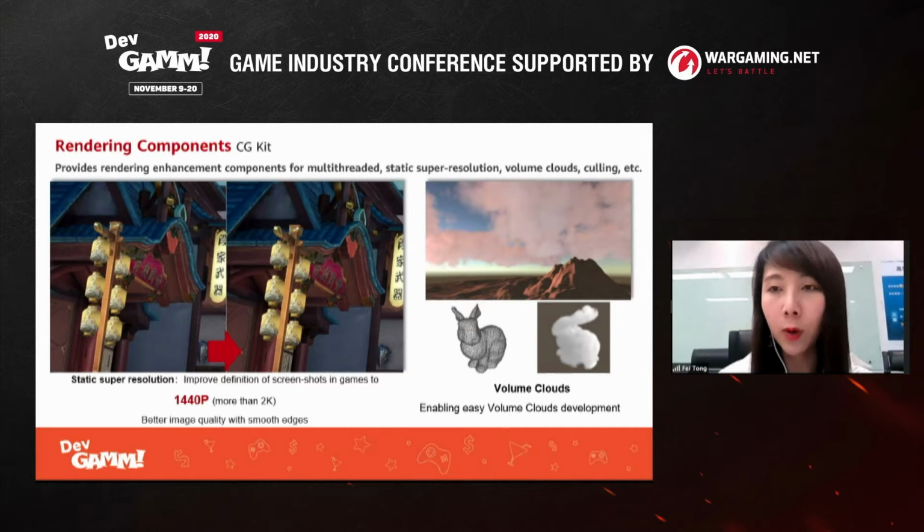We have a few components, such as the static super resolution component, which could make your screenshots in games clearer, so your players could share screenshots from the games to Facebook and other social media. Another component is volume clouds. Volume clouds could allow you to create cloud scenes easily and flexibly. You could even add a rabbit model to make the cloud look like a rabbit.